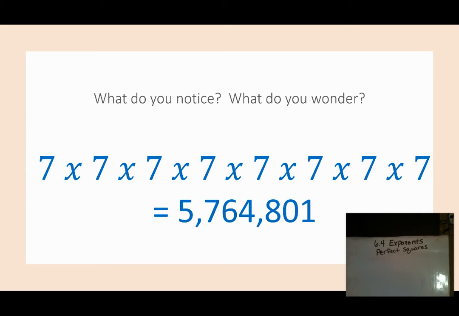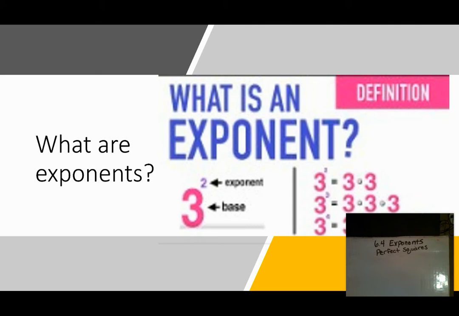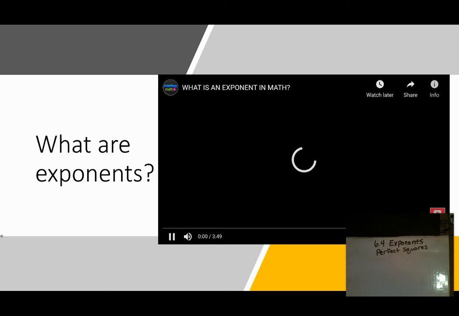So in this equation, we see 7 times 7 times 7 times 7 times 7 times 7 times 7 times 7 is 5,764,801. So if you wanted to say, you have to multiply 7, let's see, how many 7s are there?